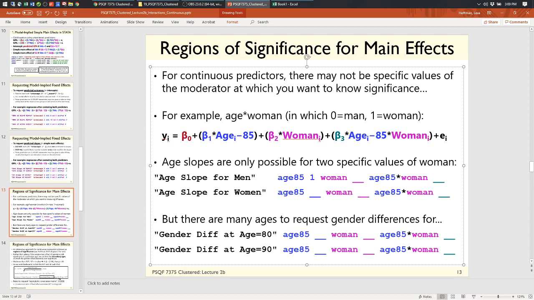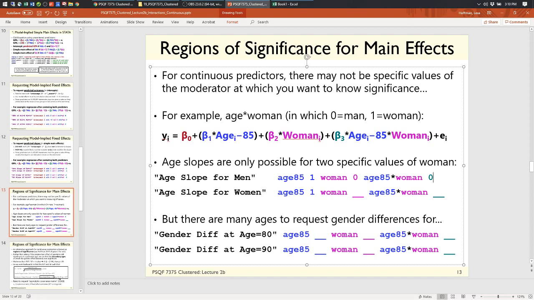So that'd be 1. How many beta 2s do I need to get the age slope? 0, because beta 2 has nothing to do with age. It's beta 3 that I need. Beta 3 times gender specifically, if I want it for men and men are the 0 group, that's a 0.